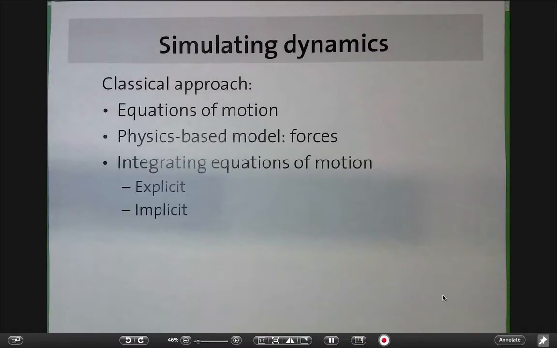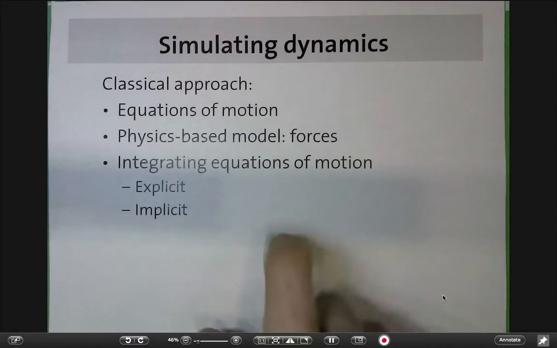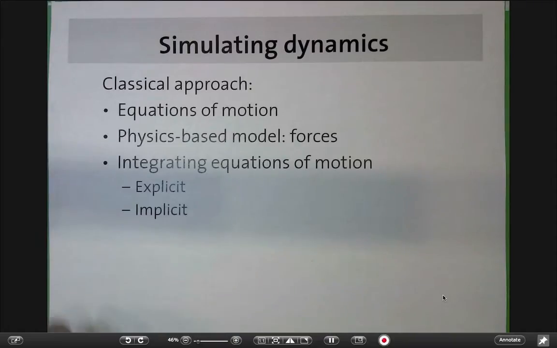Okay. So the classical way of simulating dynamics is to write down Newton's equations of motion, right? They involve some forces, some accelerations, and Newton's second law is the relationship between forces and accelerations via masses. And then we need to solve the integration problem, the time discretization, and we can do either implicit time integration or explicit time integration, right?